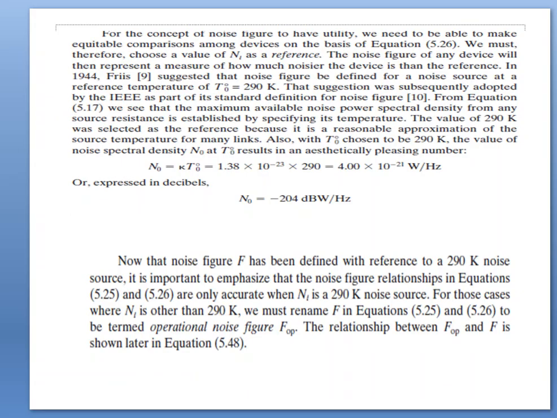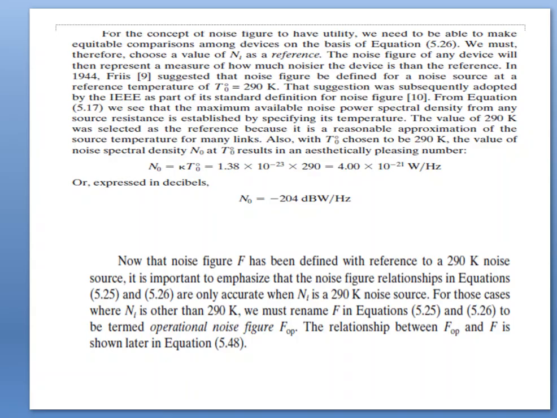For the concept of noise figure to have utility, we need to be able to make equitable comparisons among devices on the basis of equation 5.26. We must therefore choose a value of Ni as a reference. The noise figure of any device will then represent a measure of how much noise the device adds relative to the reference. In 1944, Friis suggested that noise figure be defined for a noise source at a reference temperature of 290 degrees Kelvin.